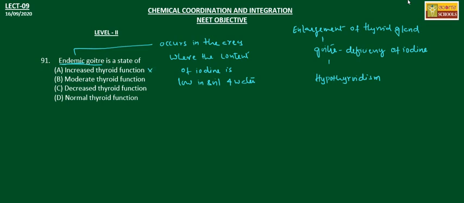No. So when there is no iodine content sufficiently supplied, there is no production of thyroid hormones. So the thyroid hormones will be produced very less. Hypothyroidism is a condition where thyroid hormones are produced in less quantity.